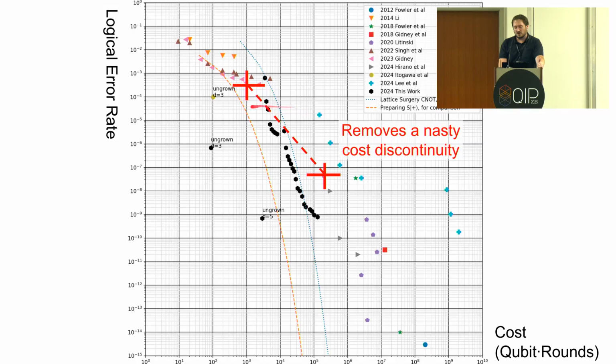And so the cost jumped by a factor of 100 as soon as you wanted to do any kind of fault-tolerant T stuff. So probably from the perspective of people on the algorithms team, on the Google Quantum team, this has been very much like, oh, thank goodness, the cost only goes up by a factor of 3 instead of a factor of 100 if we want to do something that has 100,000 T gates in it.